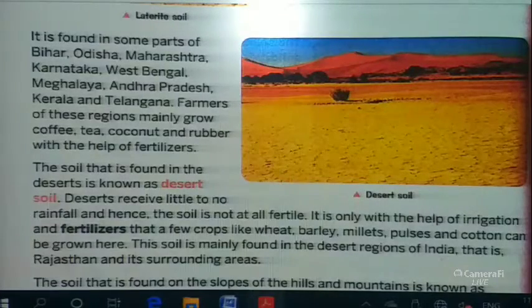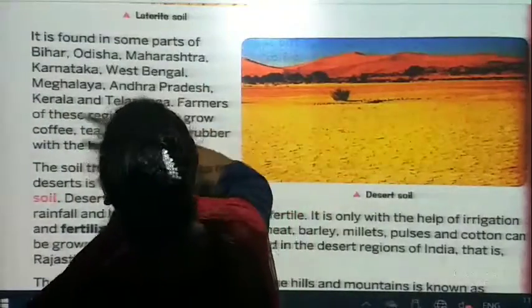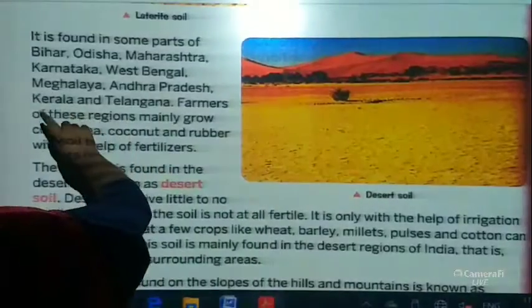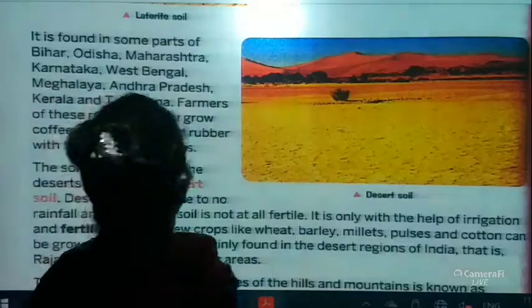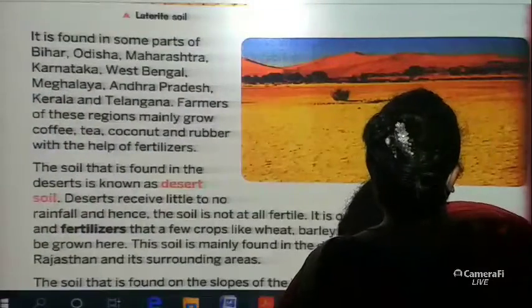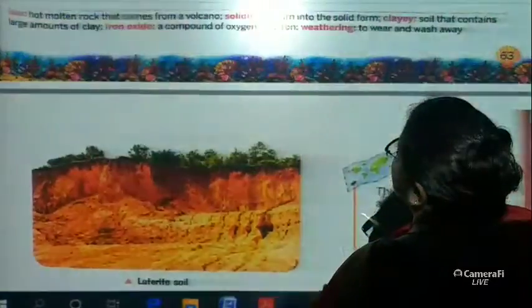Okay. So laterite soil is found in these places. And what grows over there? Rubber, coconut, coffee and tea.